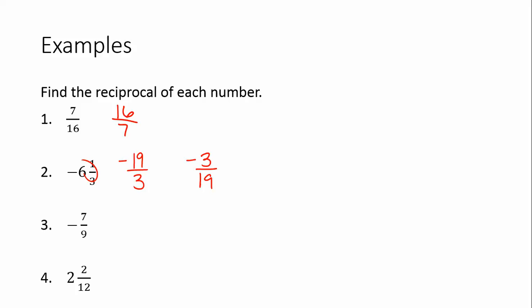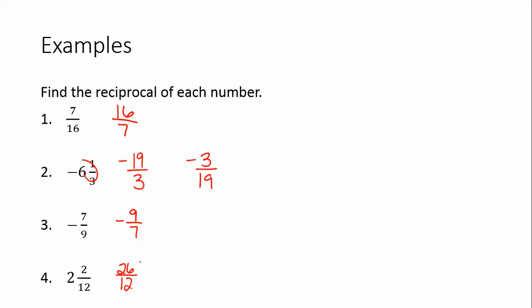Try 3 and 4 on your own, so please pause the video. You're writing the reciprocals. So for number 3, we would get negative 9 over 7. And for number 4, 2 times 12 is 24, 26 over 12. That actually can be reduced.